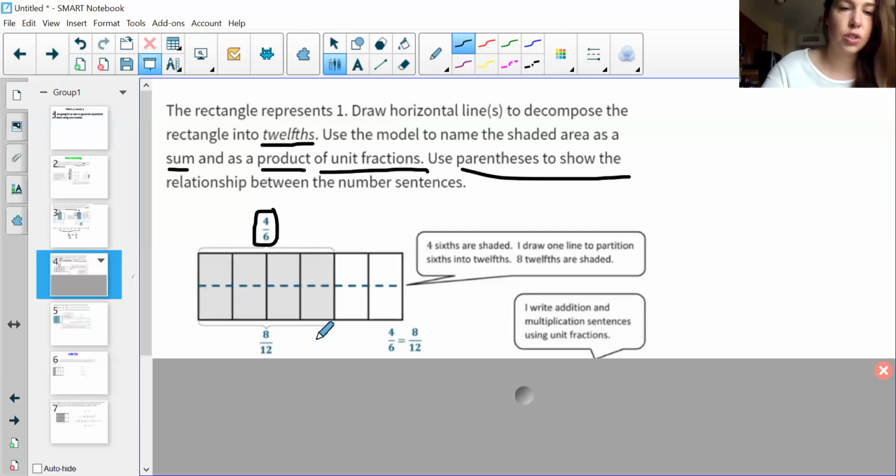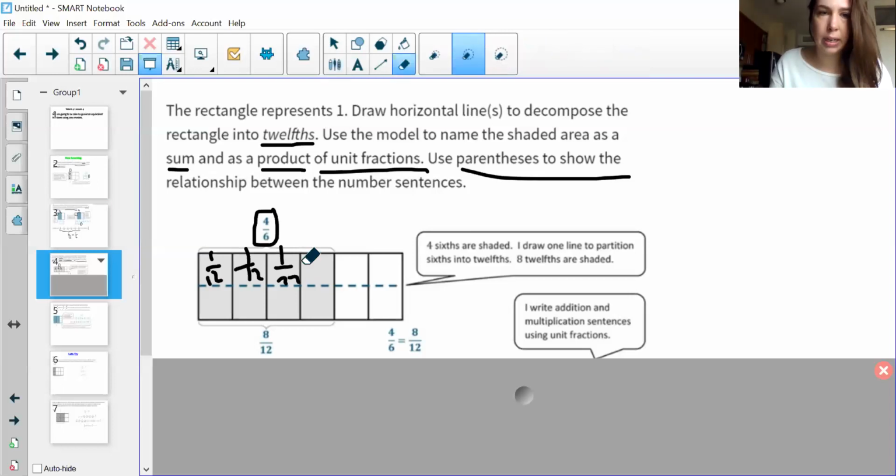And I'm going to see if I can try and label it, because I think that will be helpful. And you guys can try and label this on your paper too. So that's 1/12. This is 1/12. This is 1/12. Okay, well, you know what I mean here. I'm going to stop labeling it because it's messy. But we know that each one of those is 1/12.